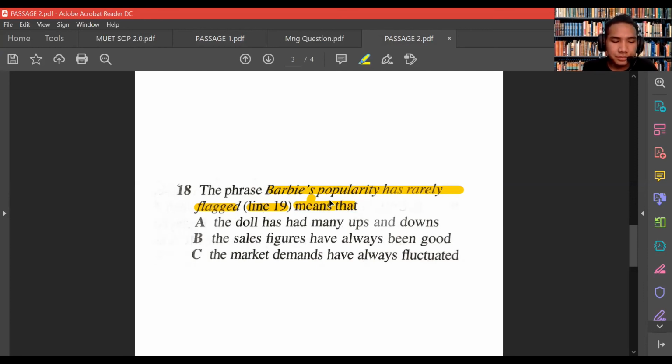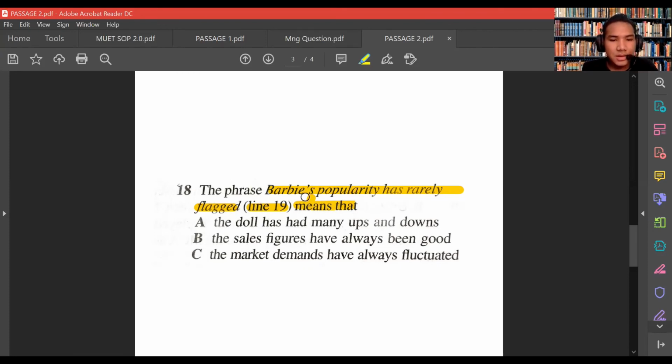Second, we need to read the question carefully and identify the keywords by underlining them. In this question, the keywords are "Barbie's popularity has rarely flagged, line 19."